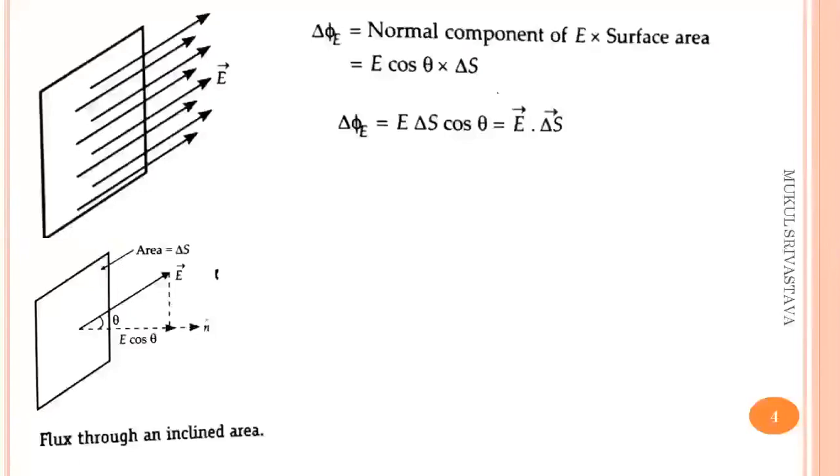Now we have this slide here. This n cap, the normal to the area element delta S, makes an angle theta with the electric field vector.